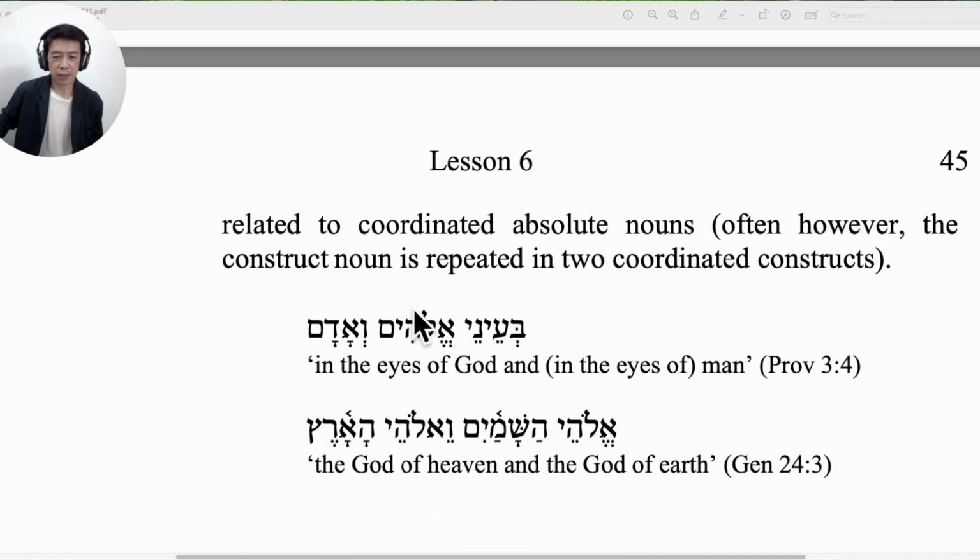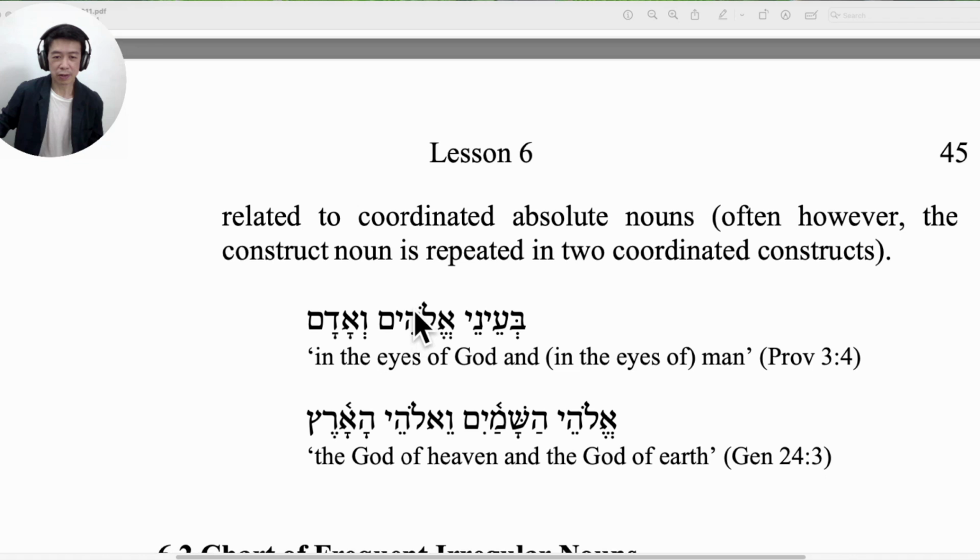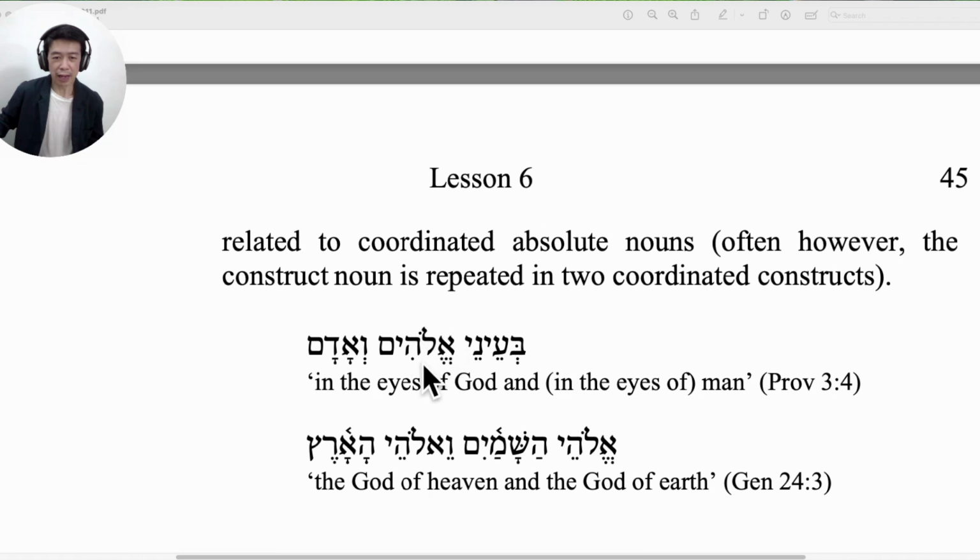For instance, in these two examples, "and in the eyes of God and in the eyes of man" from Proverbs 3:4, we see in Hebrew, be-einei Elohim ve-adam. Be-einei Elohim ve-adam.